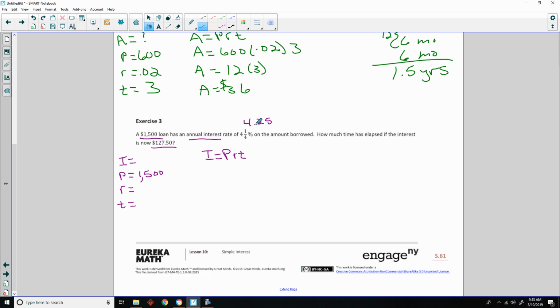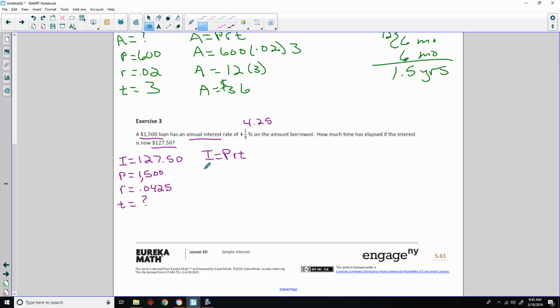And for percent, you move the decimal 2 places to the left, so it'll be 0.0425. Annual interest rate. How much time has elapsed? We don't know. We know the interest is $127.50. So in this problem, we are trying to solve for time.